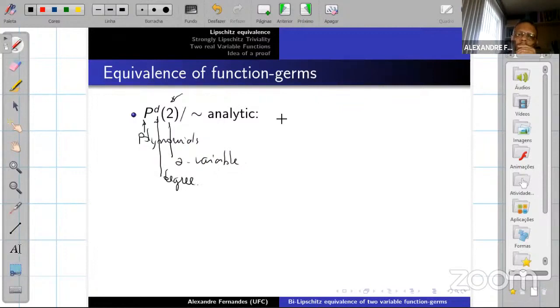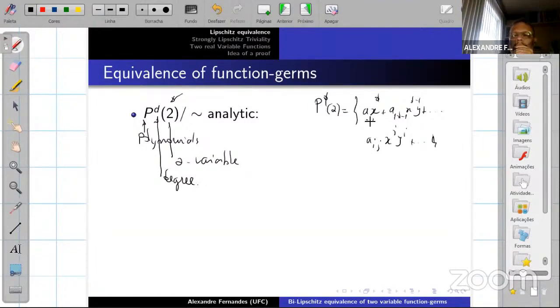You can write it down in this way: a_{0,d} y^d plus a_{1,d-1} x y^{d-1} plus, in general, a_{i,j} x^i y^j.